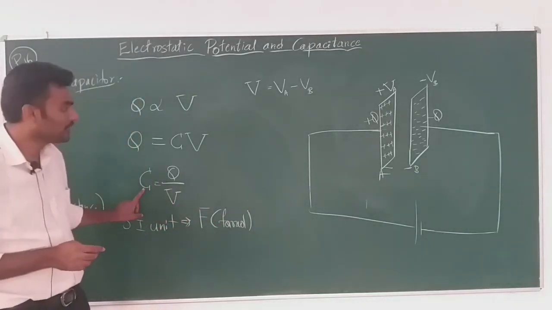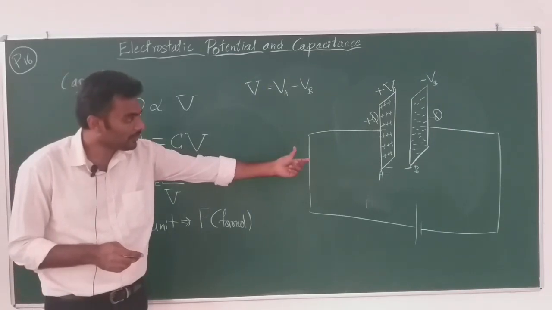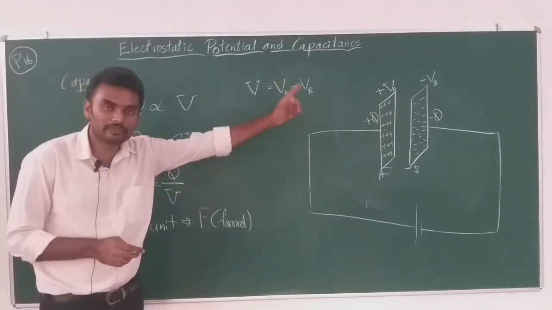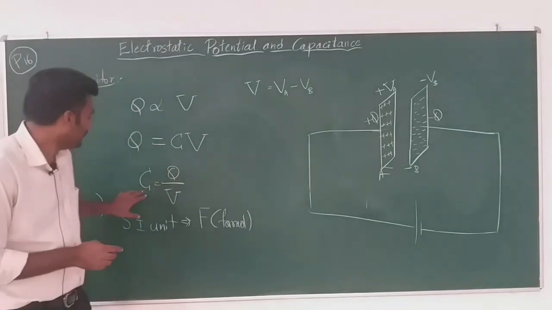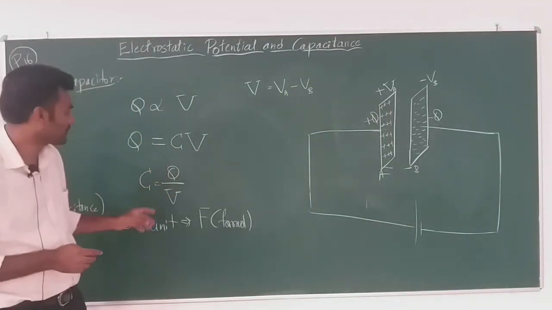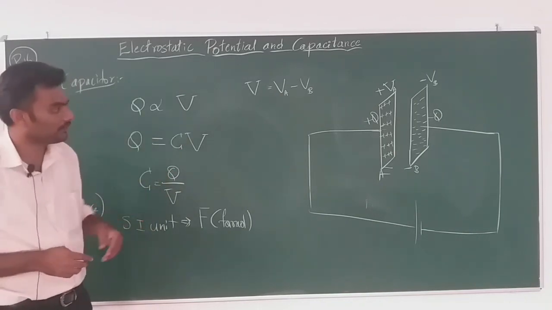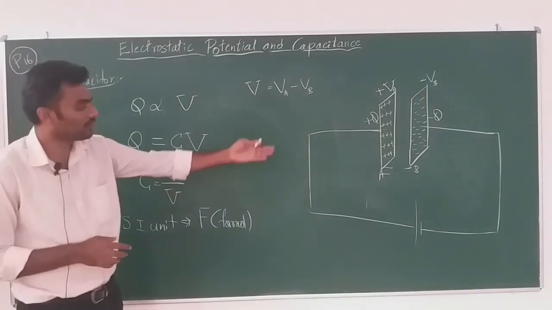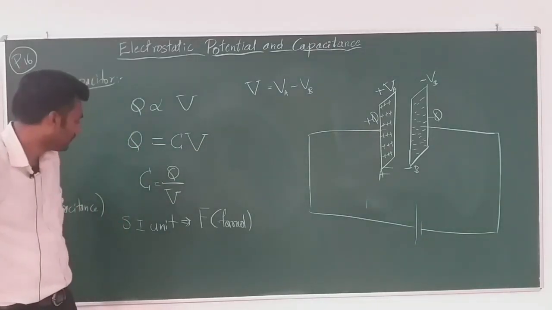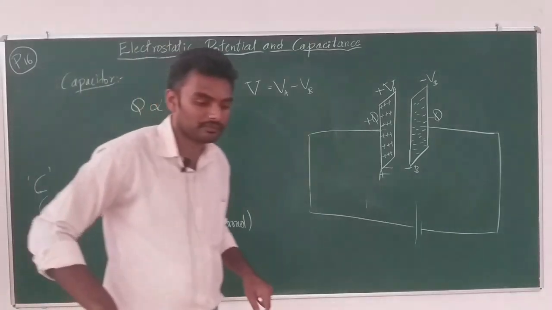So there should be some physical connection between the dimensions and physical conditions of the system and this C. We'll get to know the expression for C in terms of the physical dimensions or physical properties of the given capacitor. So now we'll derive an expression for C.